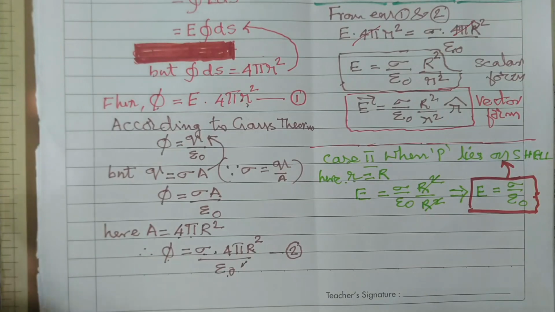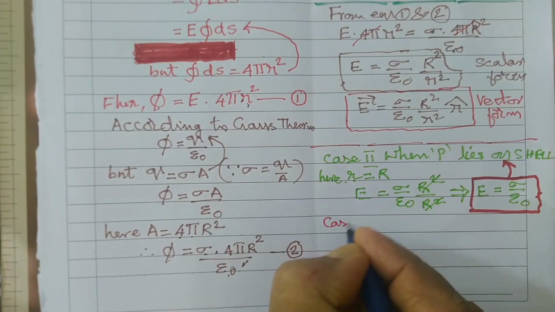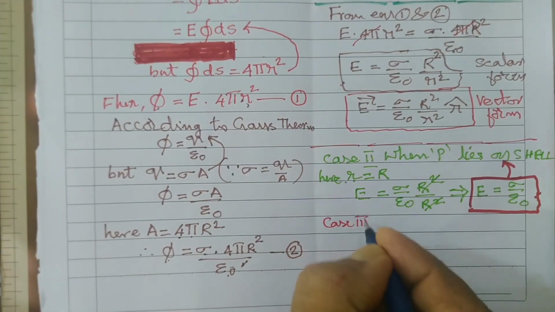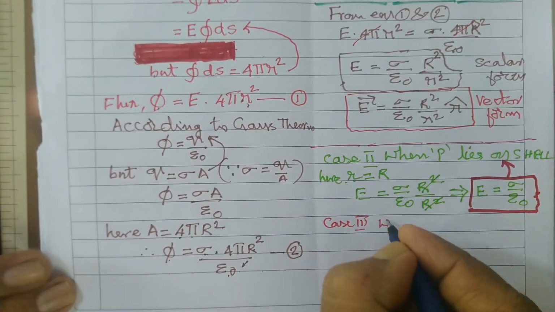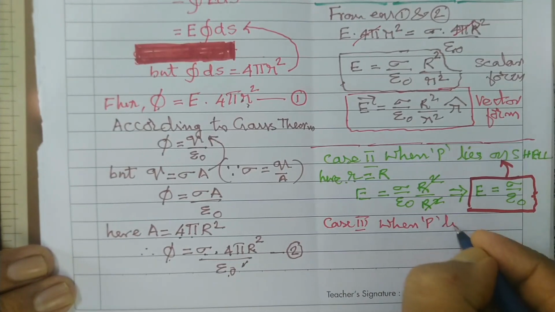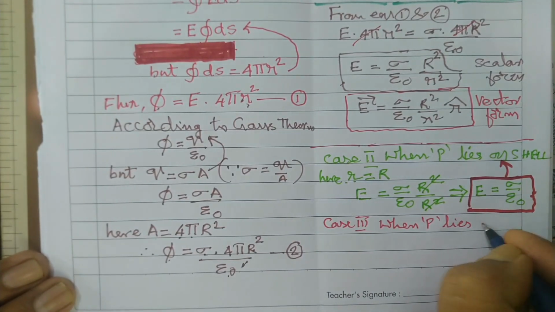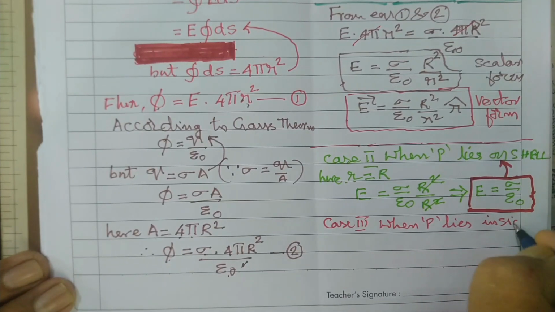Now we will go to case 3. Case 3 is a very interesting case. Let us see what is that interesting case. That is, case 3 is when point P lies inside of the shell.